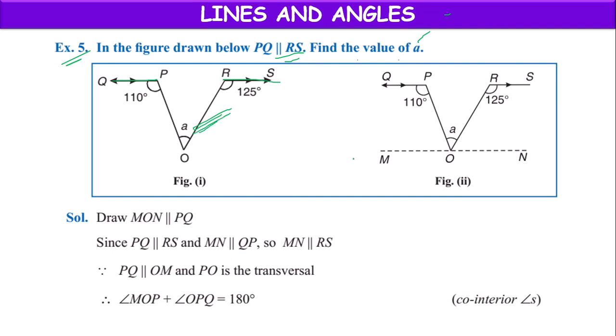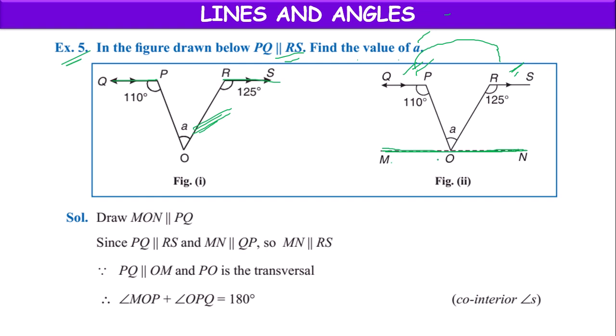So let's draw another line MON, which is parallel to PQ, which means it will also be parallel to RS, because these two are parallel. So this line is parallel to both QP and RS.